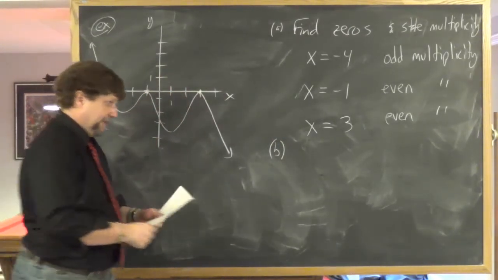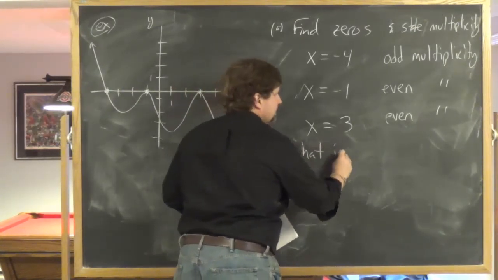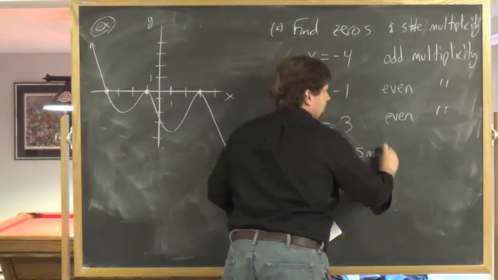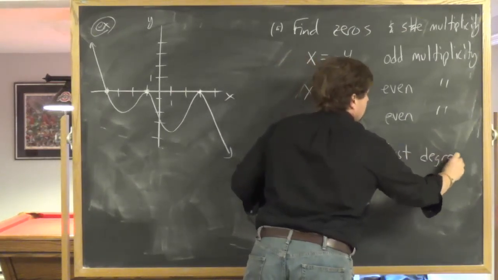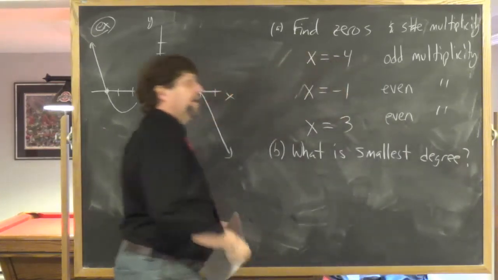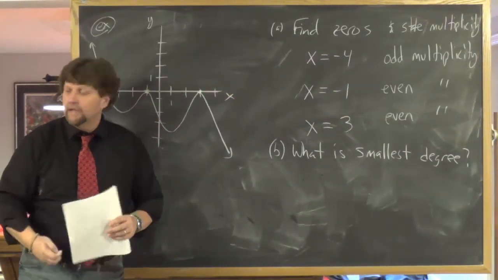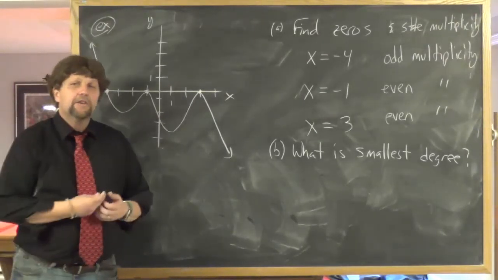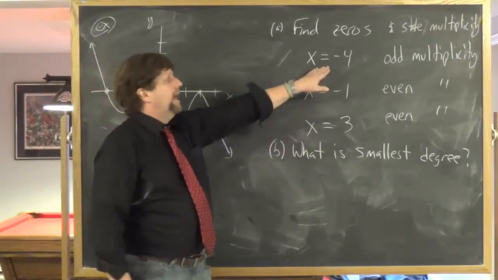The next question is, what is the smallest degree? We know it has to be an odd number. So here's how easy it is to determine what the smallest degree is. Odd multiplicity.